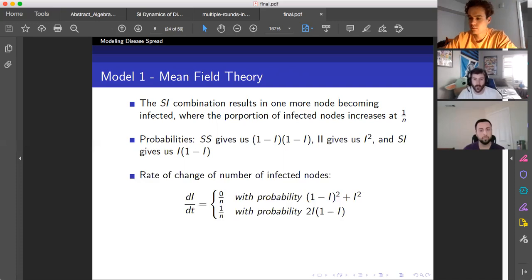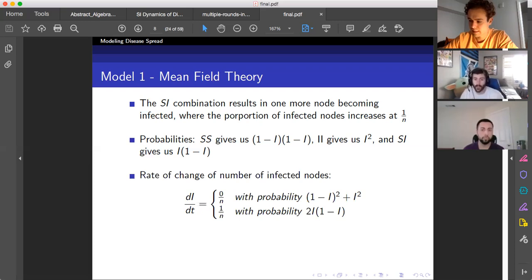We're going to use those to create this piecewise function, which gives us the rate of change of the number of infected nodes, where 0 new nodes are becoming infected with probability (1 minus I) squared, or SS, plus I squared.